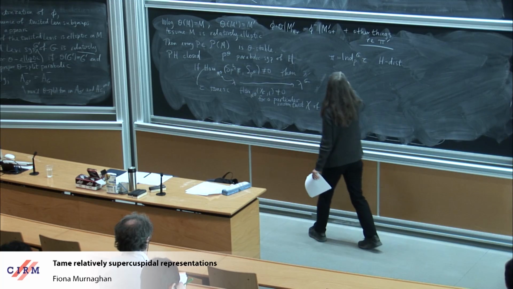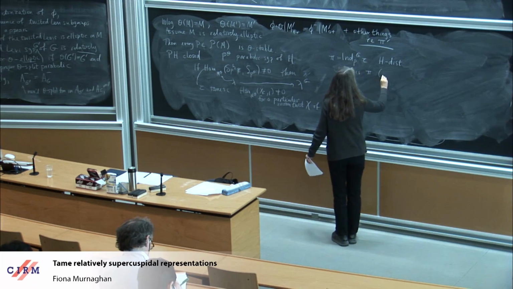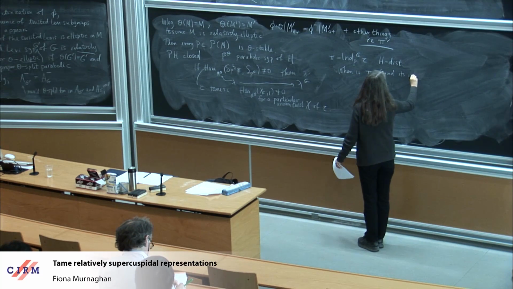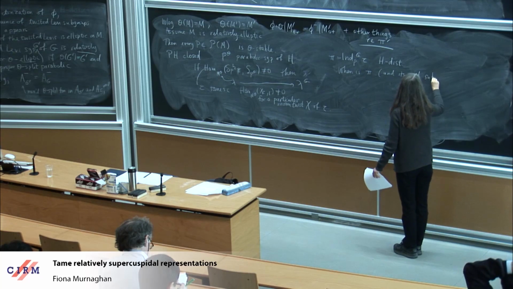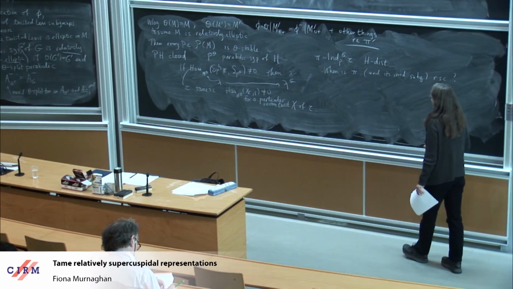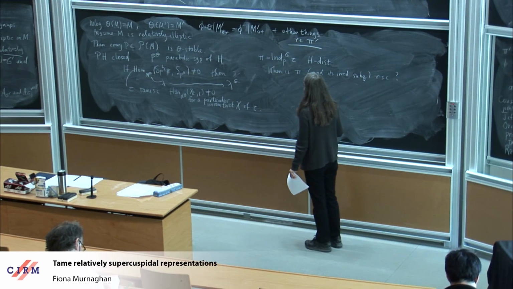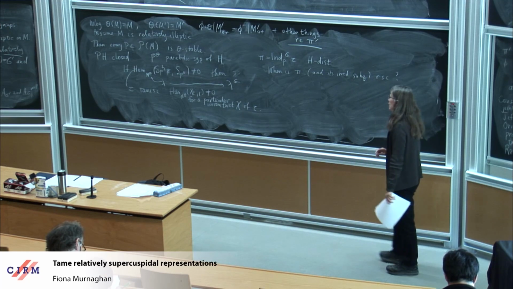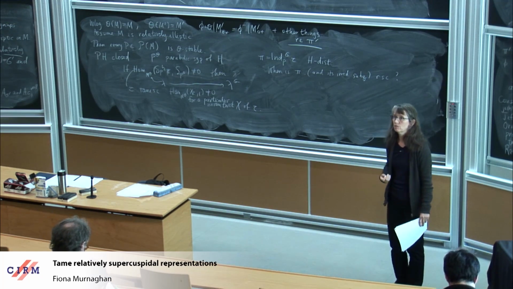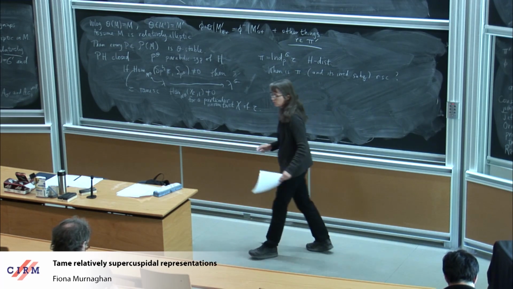So when is pi, and its irreducible subquotients, relatively supercuspidal? Well, it's not always going to be the case. Some conditions need to be imposed in order to guarantee that what you get is relatively supercuspidal, and I'm going to try and say something about those conditions.